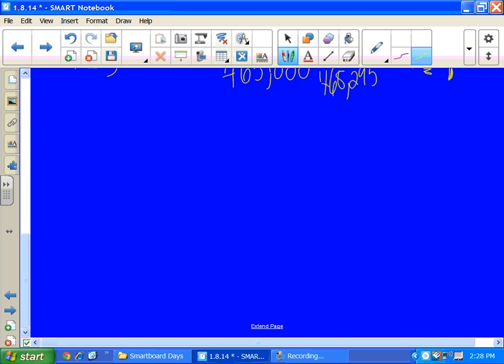Last but not least is knowing that the digit in one place is 10 times bigger than the place to its right. So for instance, if we're looking at the value of this 3, which we know is 300, it is 10 times bigger than the 3 to the right of it.